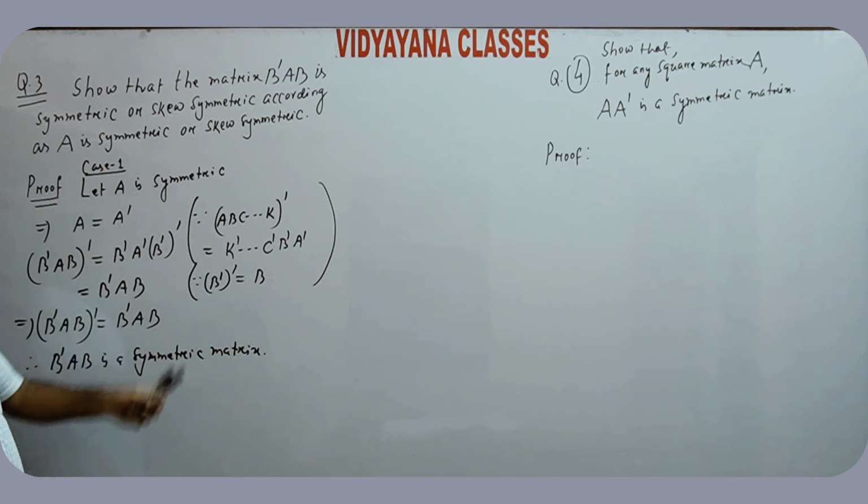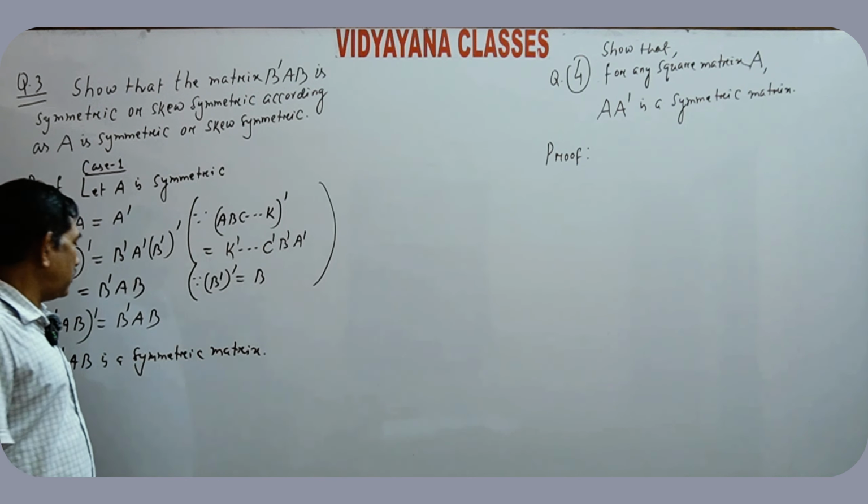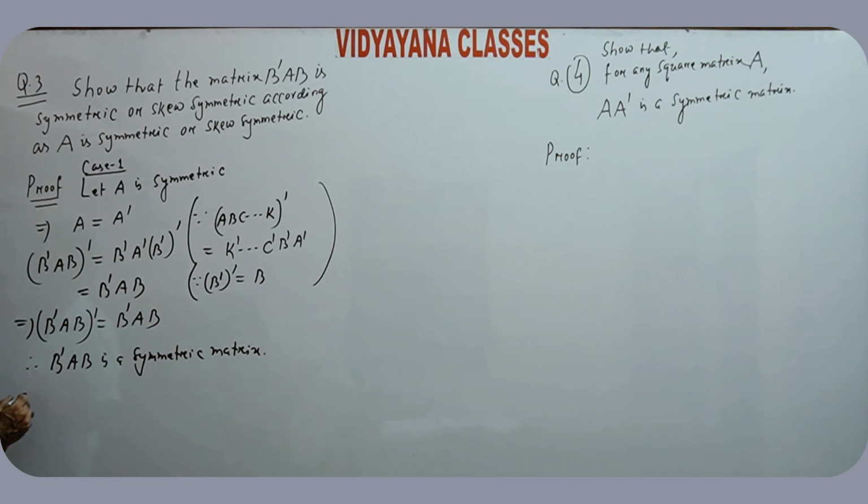A is a symmetric matrix, B dash A B is a symmetric matrix, since it satisfies this condition, which is the definition of a symmetric matrix. Case 2.